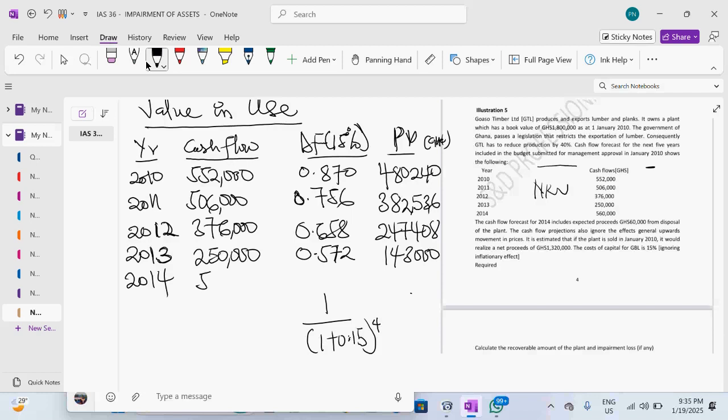And then what is the discount factor? 0.497. So what do you have?